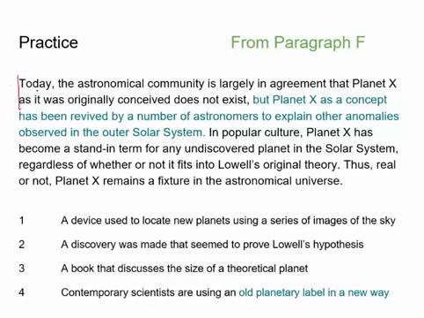But Planet X as a concept, okay, has been revived by a number of astronomers to explain other anomalies in the outer solar system. There we have it. This term, this label, okay, this concept, Planet X, is something that scientists have revived, and they're using it in a new way. So that's where we get the paraphrased information. It comes from this part of paragraph F.